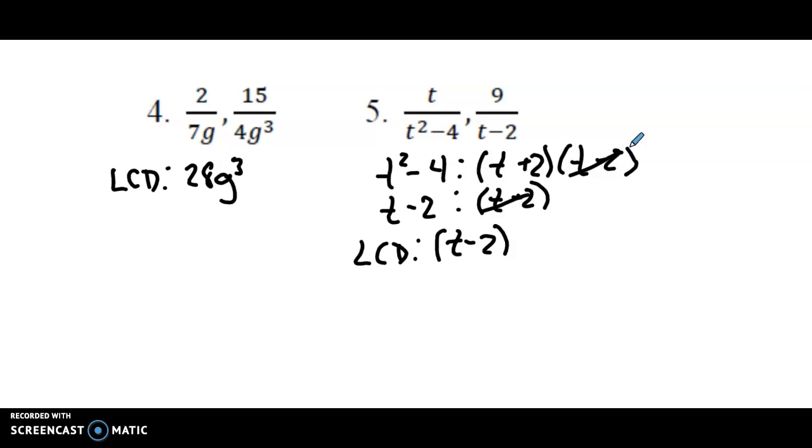And then anything else that's not in common also has to be a part of the LCD. So I'm also going to include the t plus 2. It turns out in this problem that the LCD matches what the first fraction had. Okay? Let's try another one.